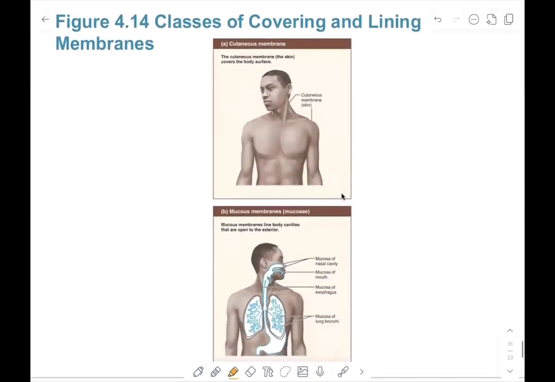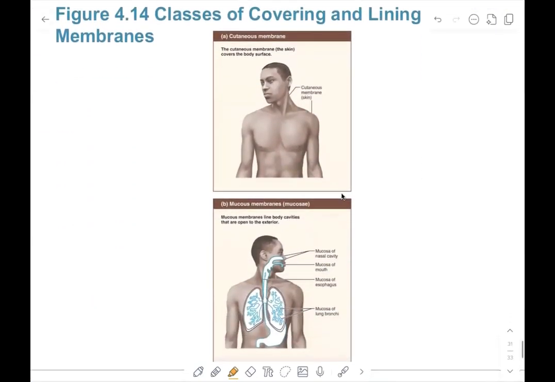There are three different membranes that we need to refer to, the first of which is a cutaneous membrane. And a cutaneous membrane is the skin. It's a dry membrane, and it would be keratinized, stratified, squamous epithelium.